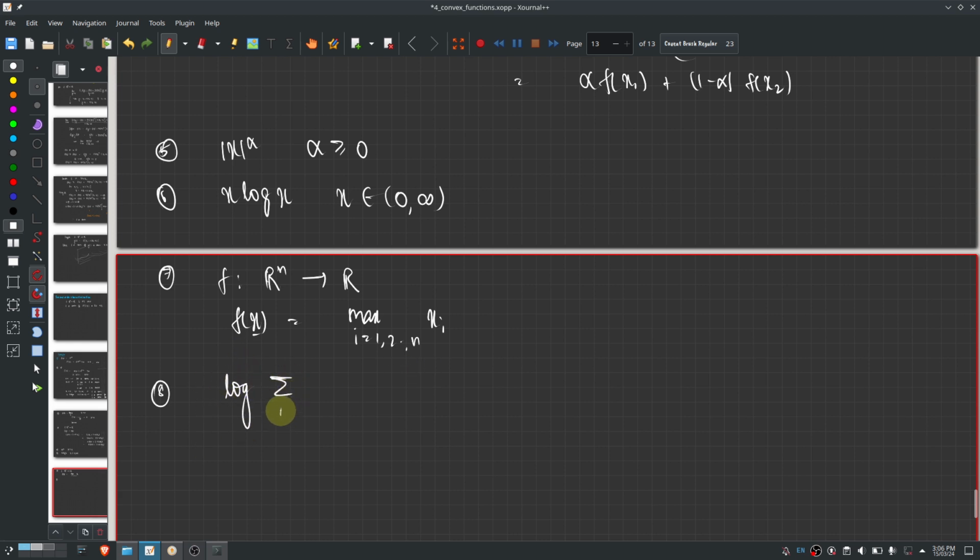Log of summation i equal to 1 to n e to the xi. The geometric mean.